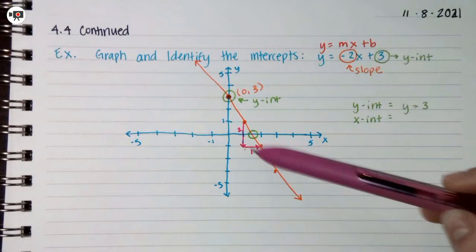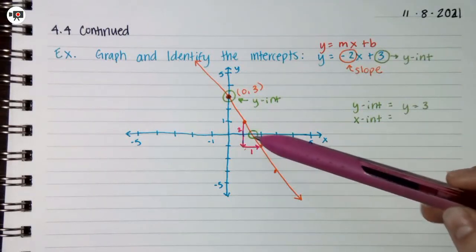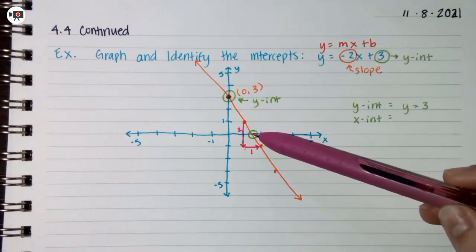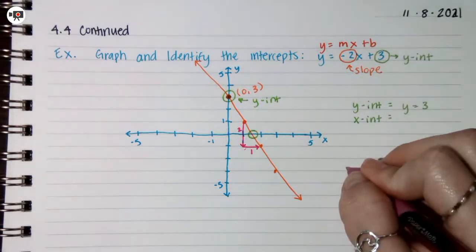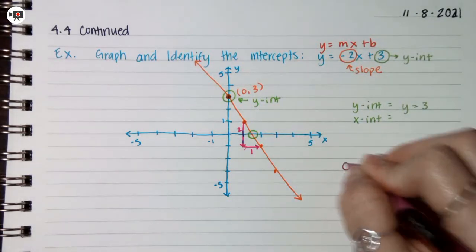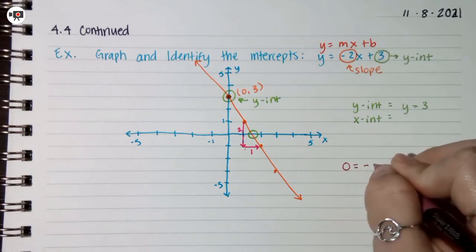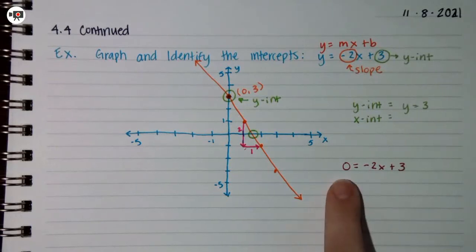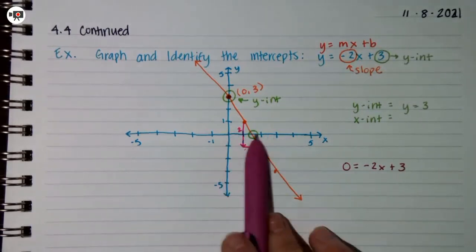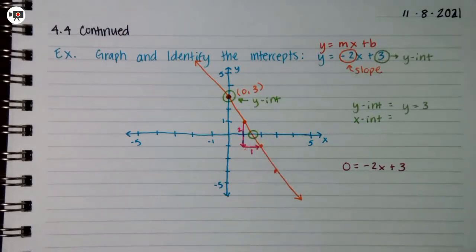So where it crosses the x-axis, that's where y is 0. You don't go up or down any right there at that point. So if I put 0 in for y into my equation, negative 2x plus 3, I made y equals 0. So I'm trying to figure out what x is when y is 0.